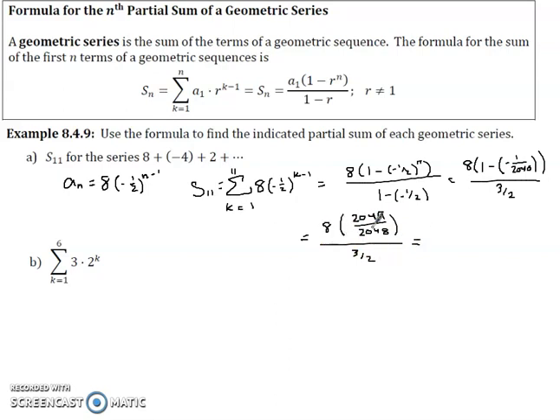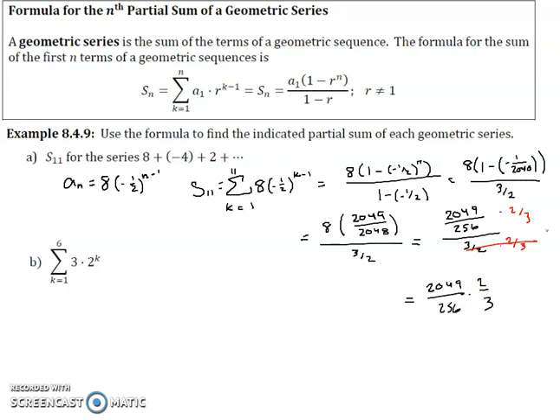Reducing my 8 with my 2048, I've got 2049 over 256 over 3/2. To simplify further, I multiply by the reciprocal of that denominator. So I have 2049 over 256 multiplied by 2/3.